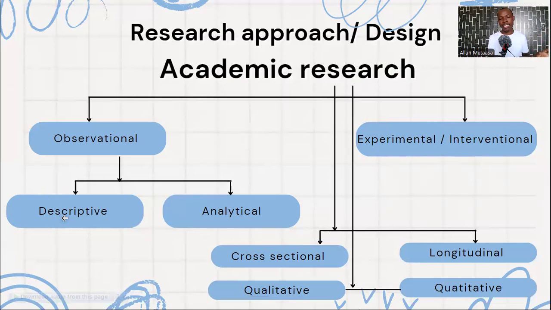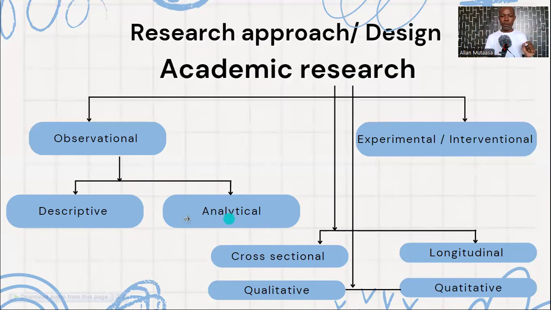No, we want to understand what are those several factors that affect employees' performance. That is descriptive. We are going to describe all the other factors in relationship to performance. If it gets to analytical, we only want to study the relationship between one factor, which is motivation, and another factor, which is performance. So those are two. We are analyzing the relationship between the two.